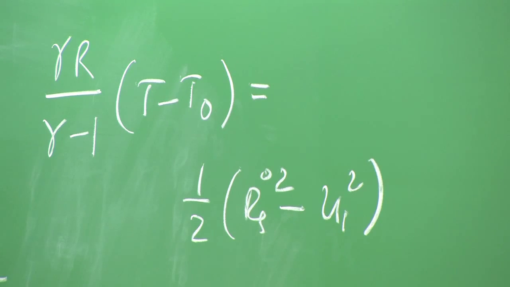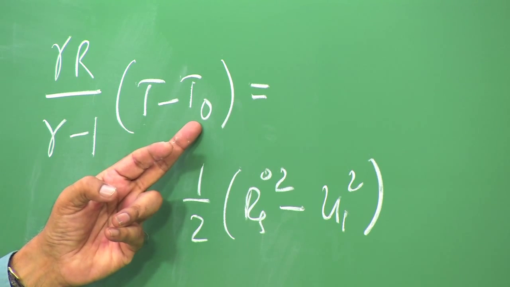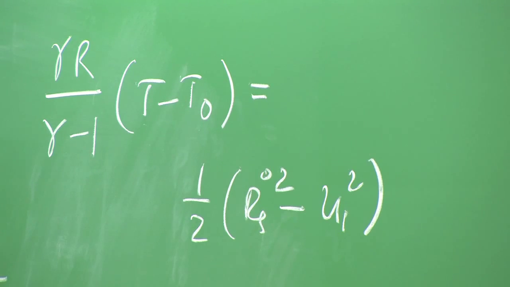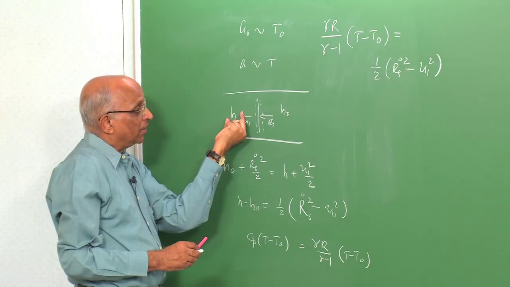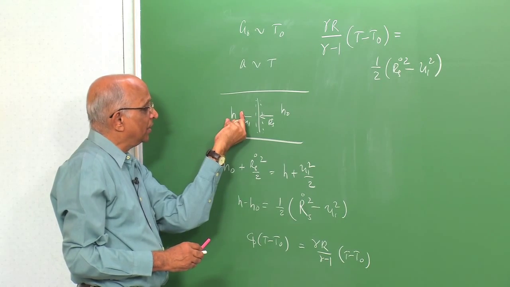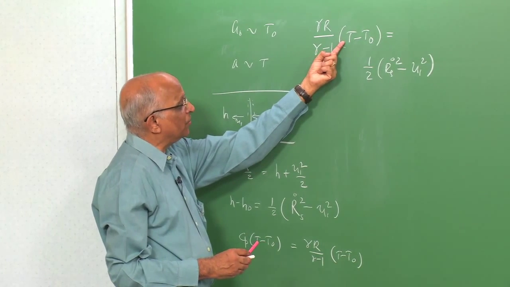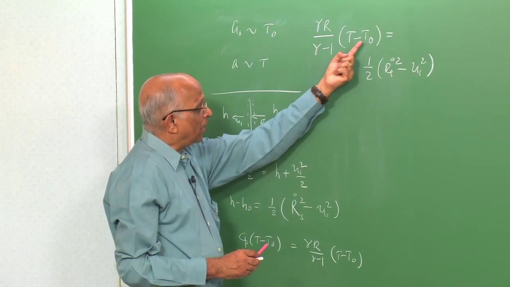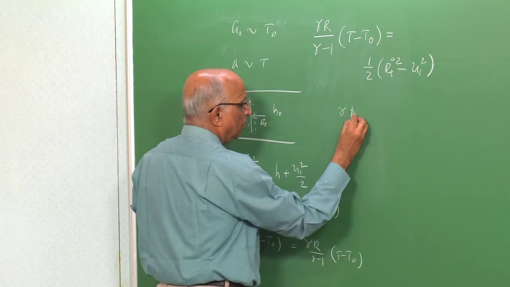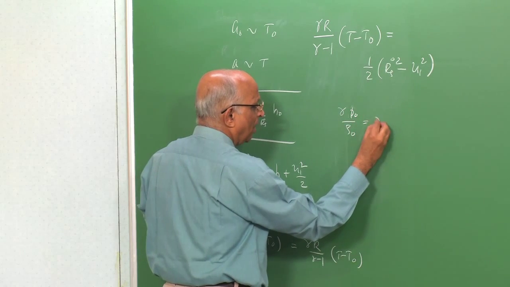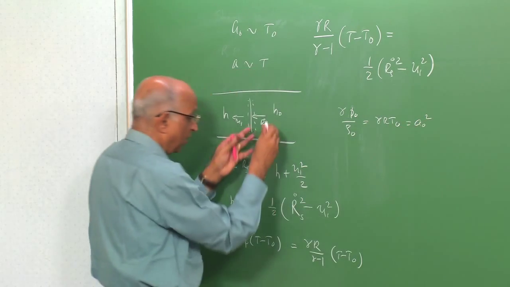Now, what is the aim? I would like to get the expression for A by A0, because I get temperature over here and temperature over here. This temperature is a reflection of the initial velocity of the gases; this temperature is the reflection of A, that is the sound speed behind the gases at the temperature T. I know gamma P0 by rho0 is equal to gamma R T0, and this is equal to the value of the sound speed in the free stream medium.